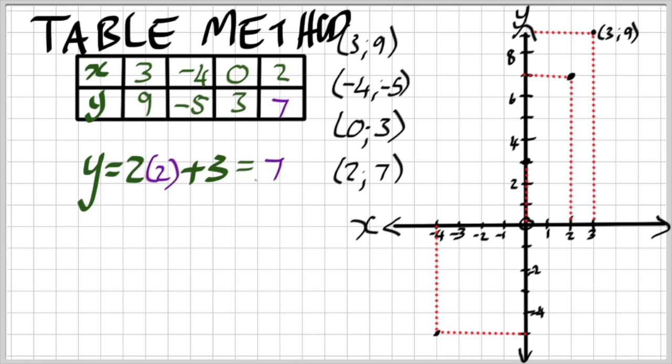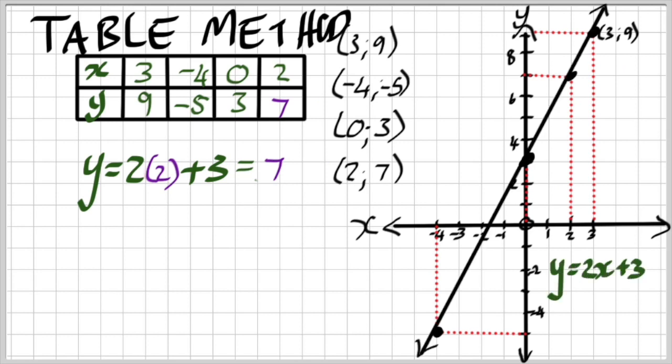Let me make it a bit clearer for you there. There's one, there's another one, there's another one, and there's another one. So if I now want to draw a line or a graph through those points, it is going to look like that. And the graph is y equals 2x plus 3.